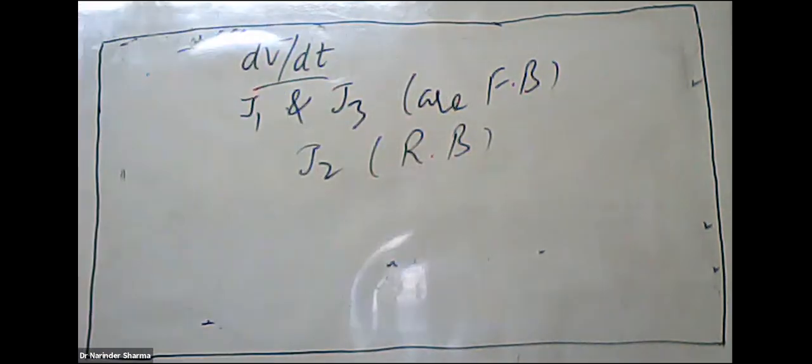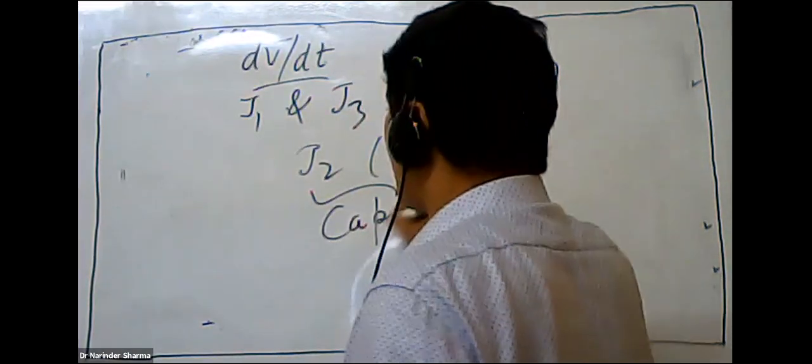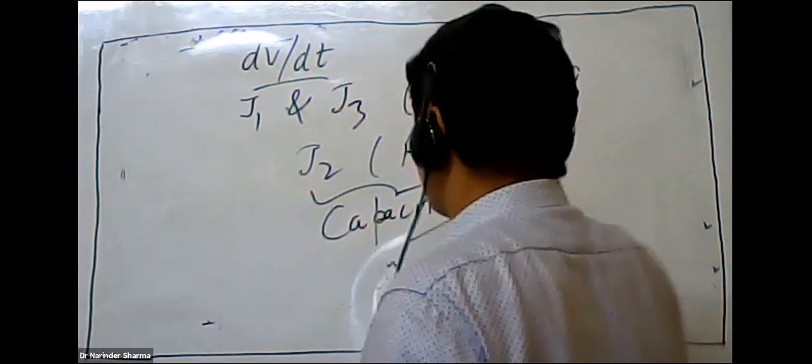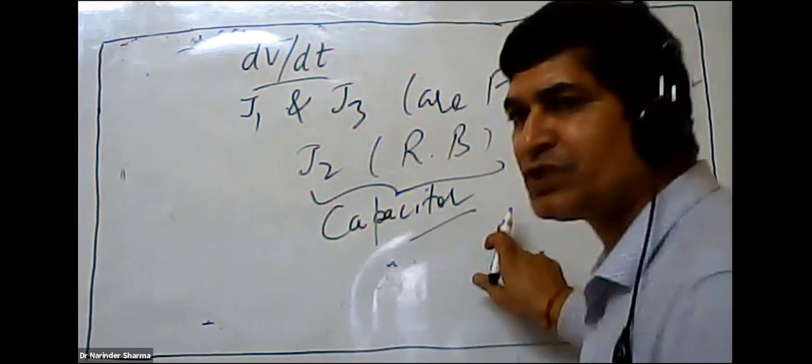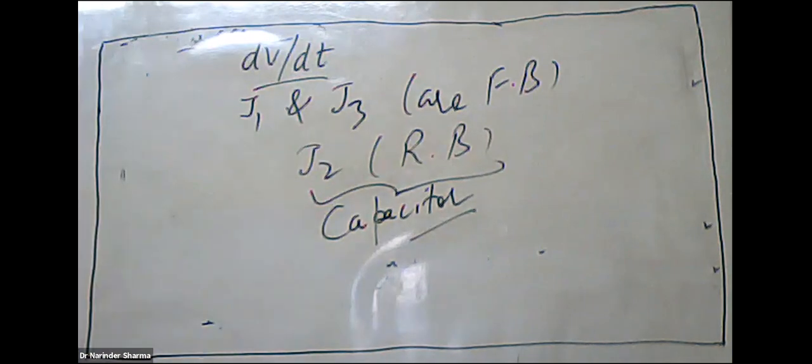J2 behaves like a capacitor due to the charge existing across the junction, because charge has been produced across the junction.